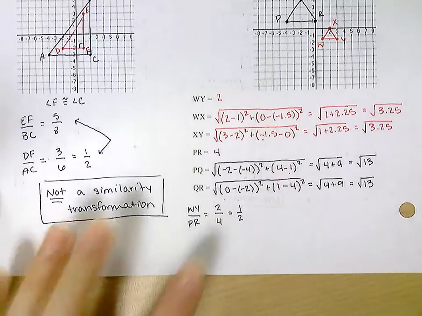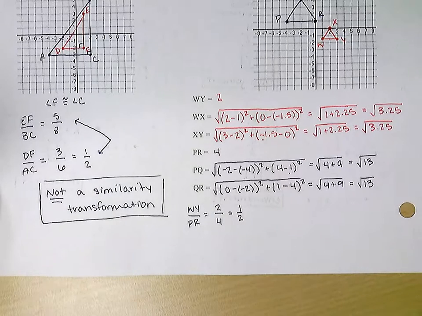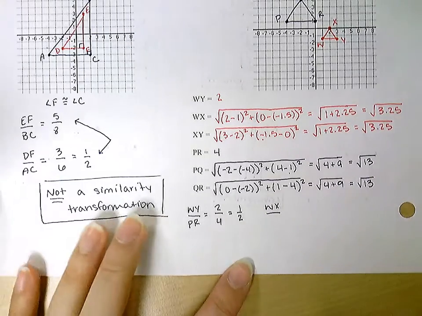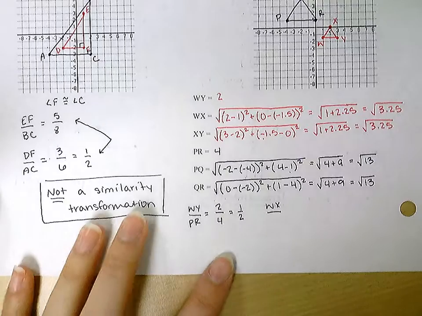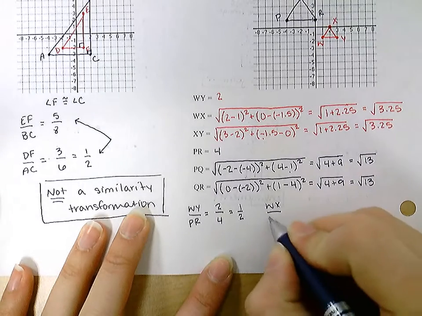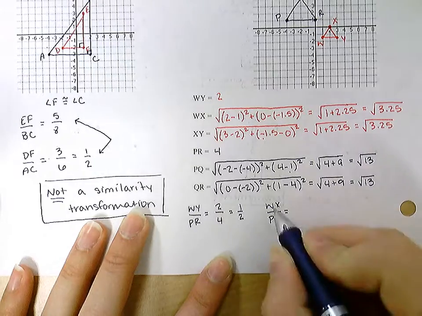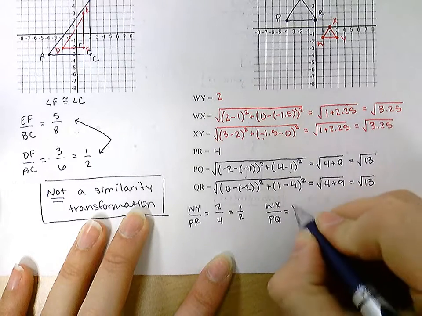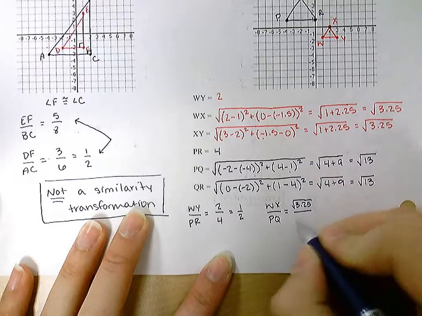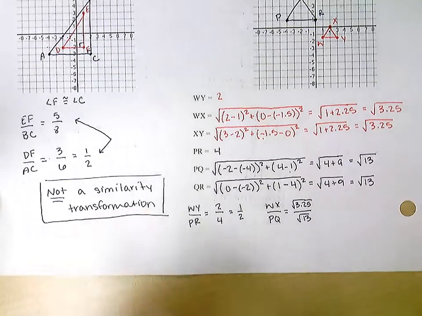That's 1/2. Next I have WX. WX is similar to which side? PQ. So WX I found to be the square root of 3.25 over the square root of 13.